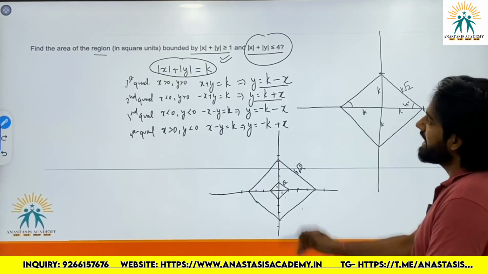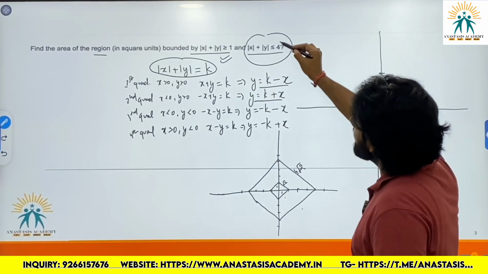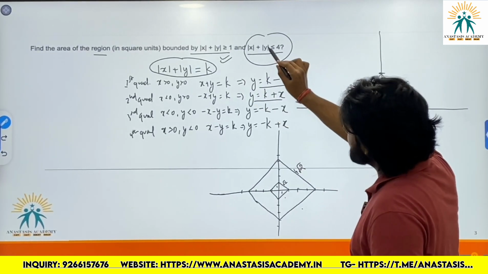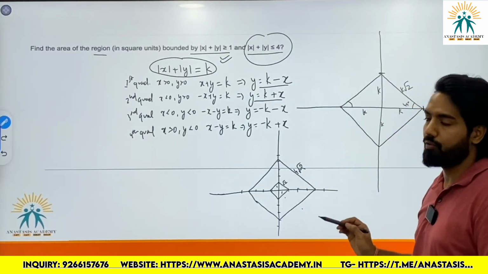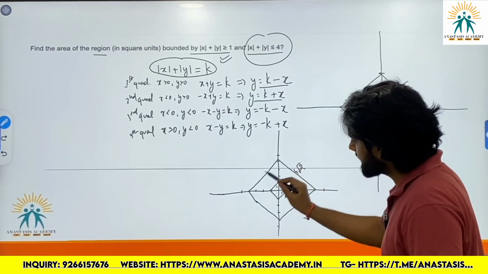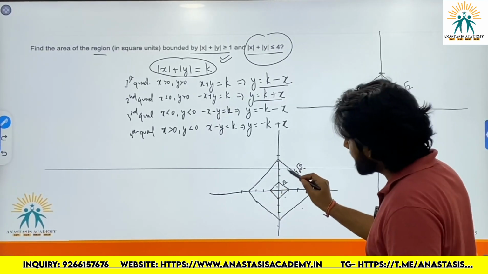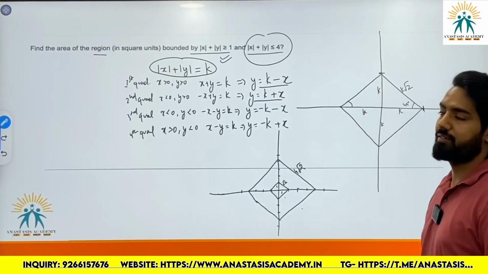Now it is asking for the area bounded by mod x plus mod y less than or equal to 4. Equal would be this graph and less means the area inside this curve.